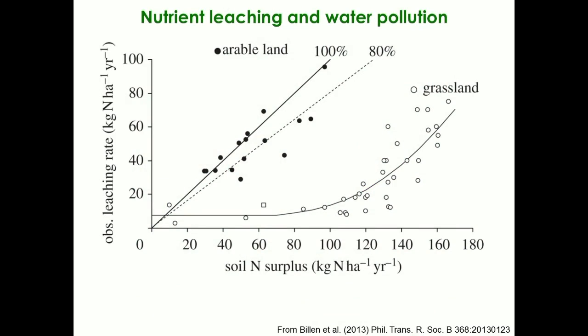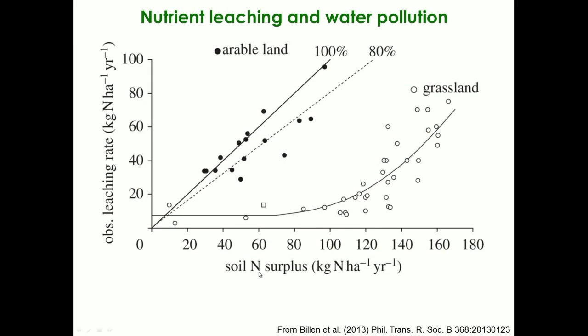And some studies have started to quantify this loss of nitrogen, this leaching of nitrogen, which is shown in this data here. So this graph is plotting the amount of nitrogen that's leached on a rate basis, so the amount of nitrogen per hectare per year, based on different amounts of surplus nitrogen.